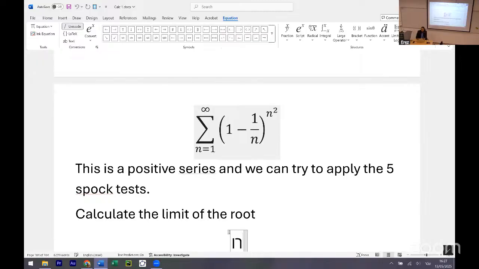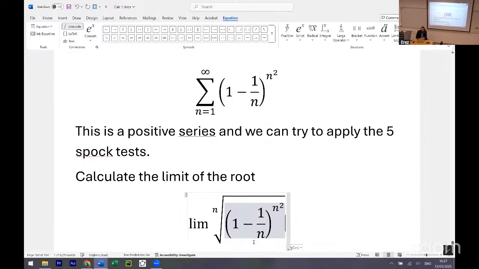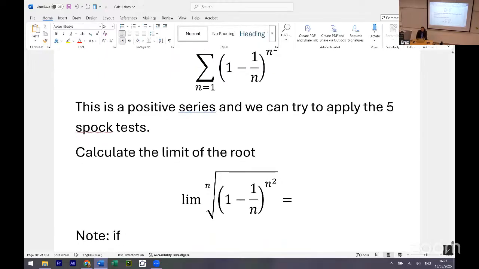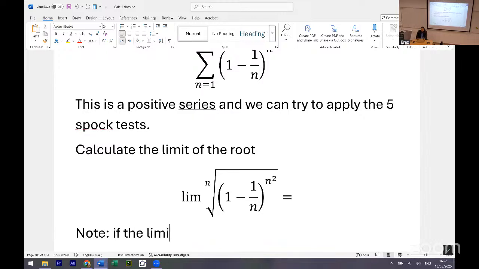So what is the limit of the n-th root of this? You'll notice now that I'm not writing lim sup, and I will note that if the limit exists, then the lim sup is equal to it.